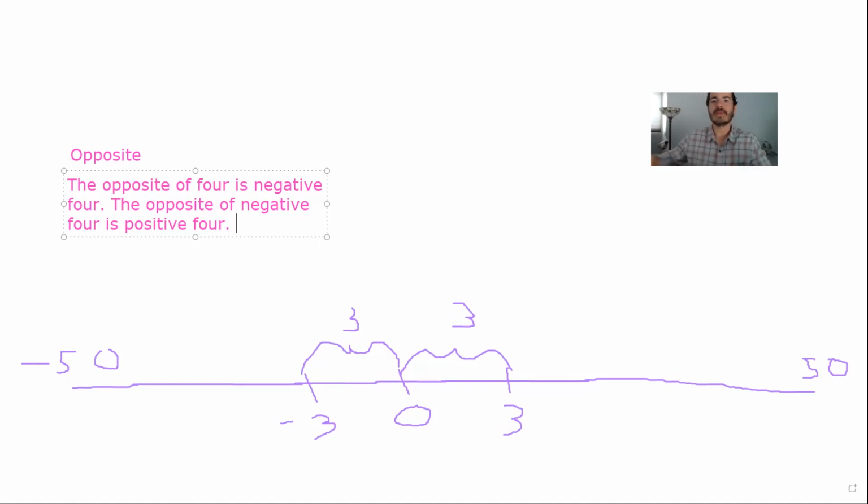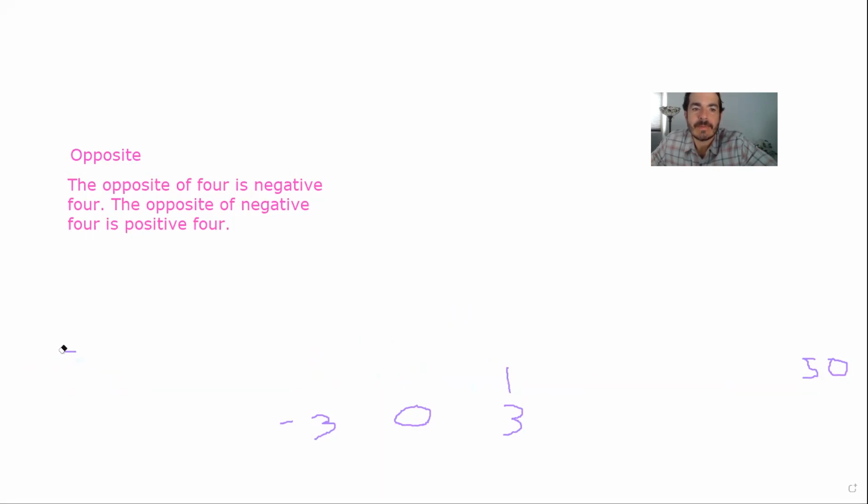Distance. Ready for this? All right, let's go back to our vertical number line, our up and down number line, because sometimes it's easier to understand when we talk about the distance between two numbers.